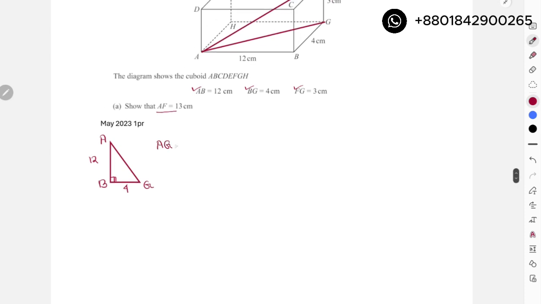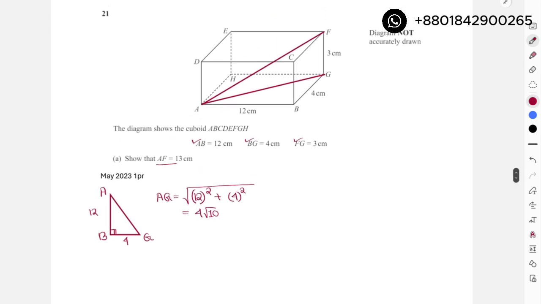So AG is just going to be 12 square plus 4 square, everything under the root, and that is 4 root 10. Understand that this is not your final answer, so no need to keep this in decimals. I'll just carry it as the exact value as we can.